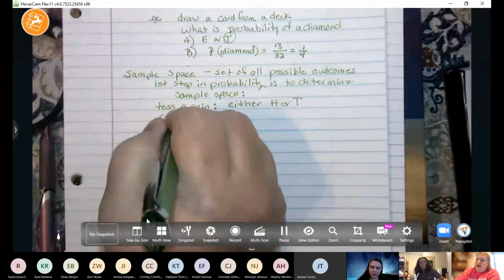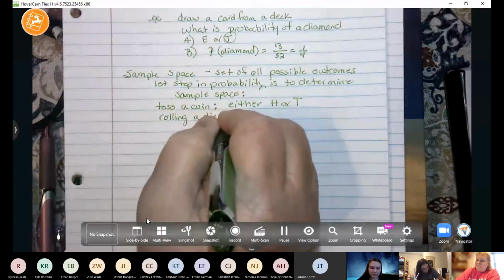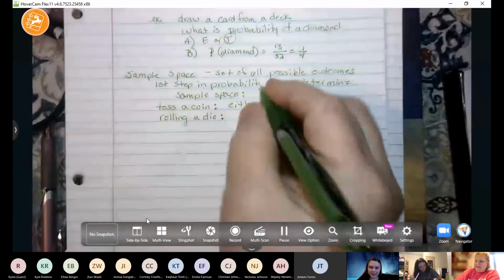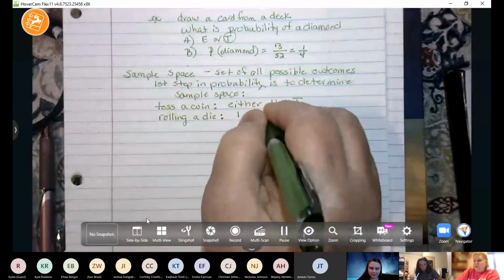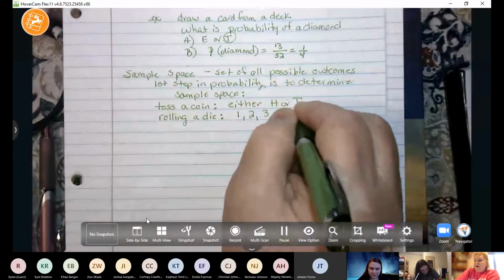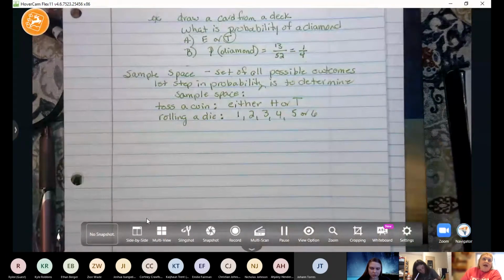If we're rolling a die, the sample space is going to be, when you roll it, it has 6 sides. So they're numbered 1, 2, 3, 4, 5, or 6. Now there are other kinds of die. There are hexagon dies. There are tetragon dies. But in general, when we talk about a die, we're going to talk about a 6-sided die.